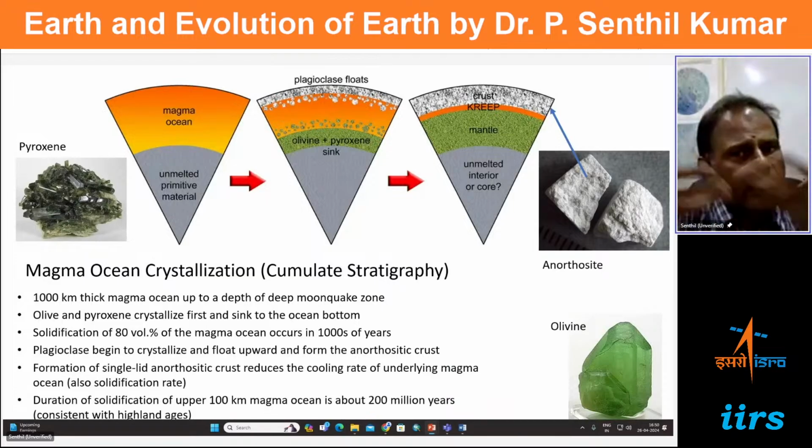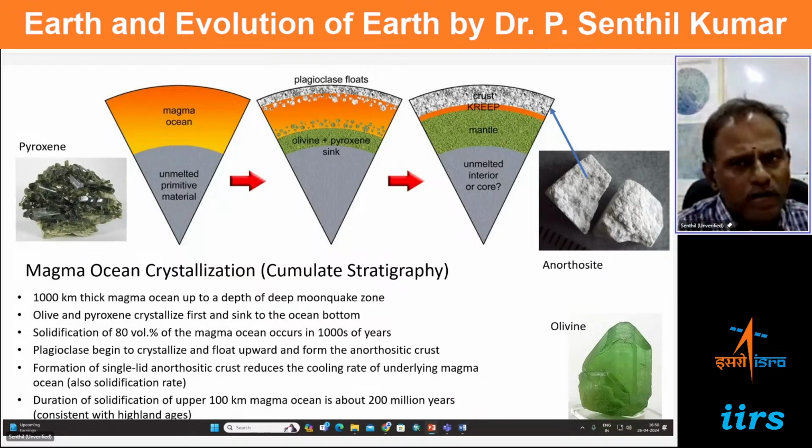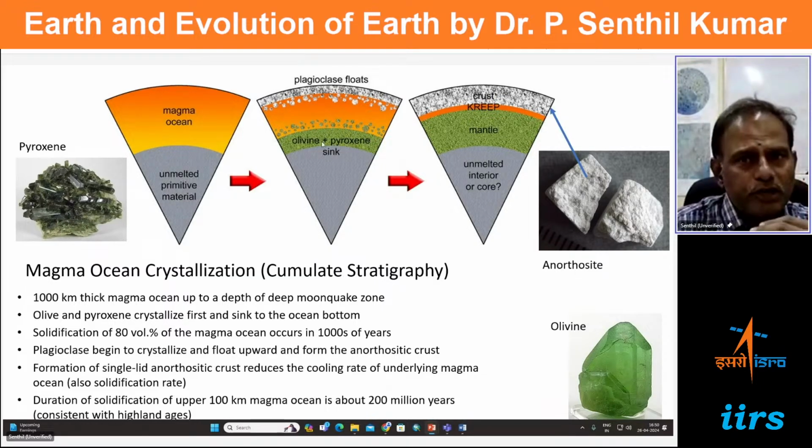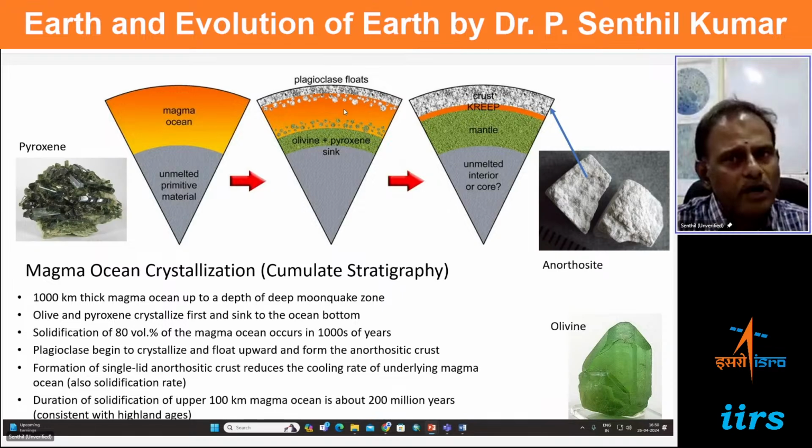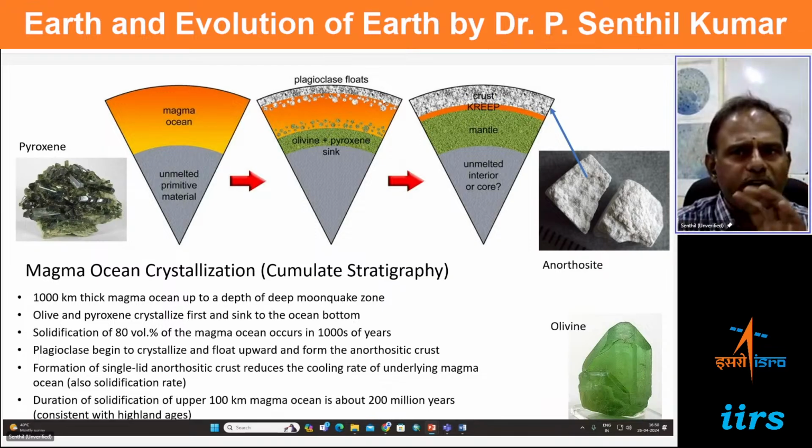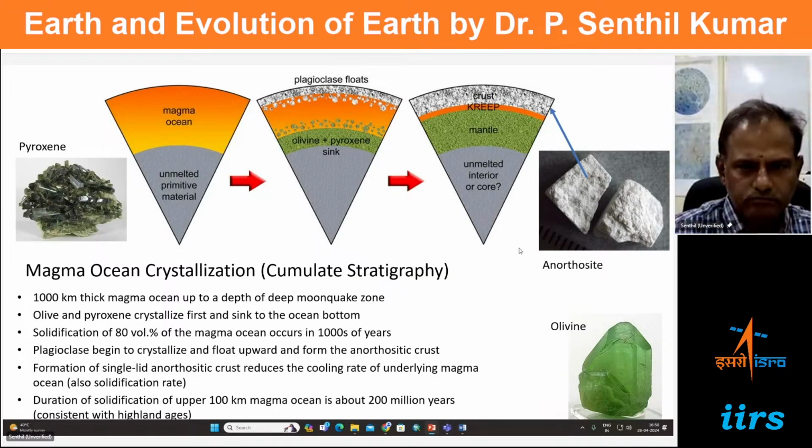They are heavier than the surrounding magma, so they go down and settle on the floor of the magma ocean. At the same time, another mineral called plagioclase also crystallizes from the magma, but these are very light. These minerals go to the top of the magma ocean and form a crust. So this is called the anorthositic crust.